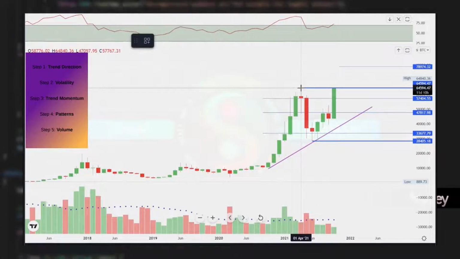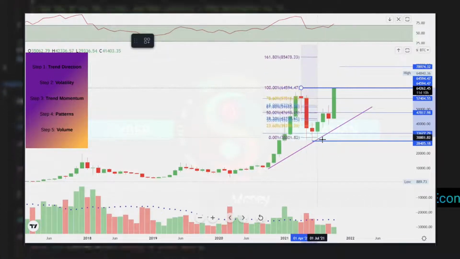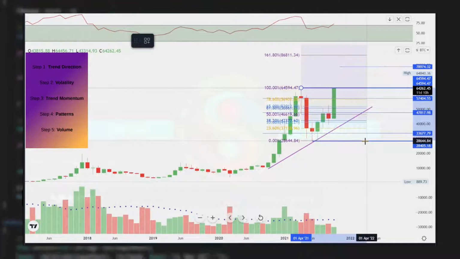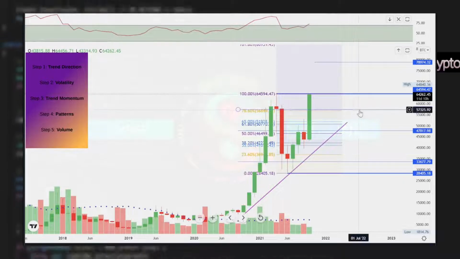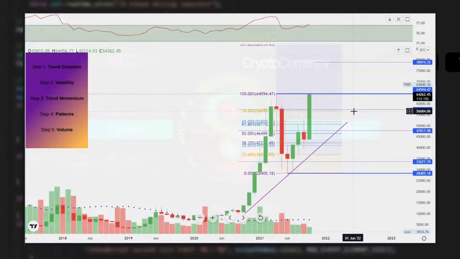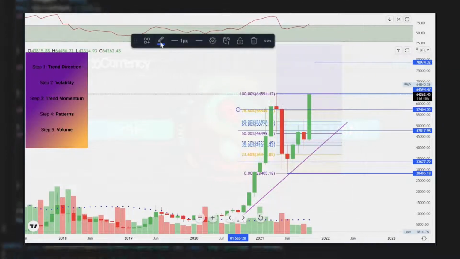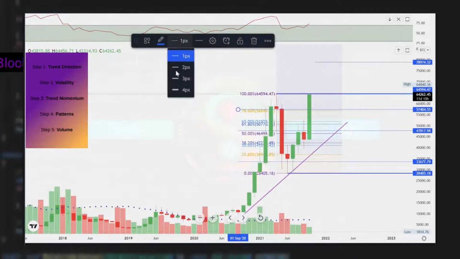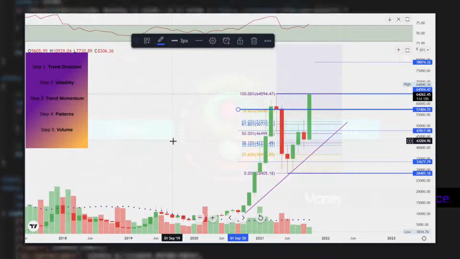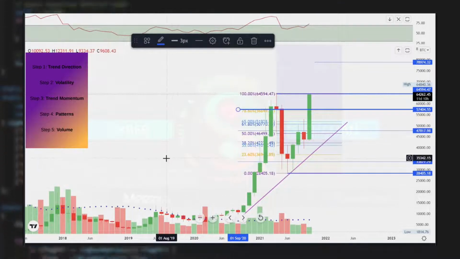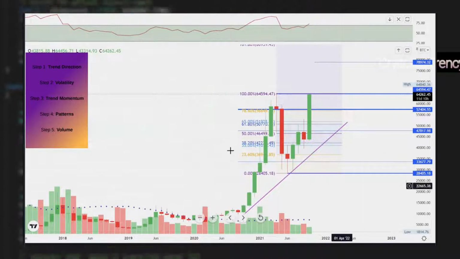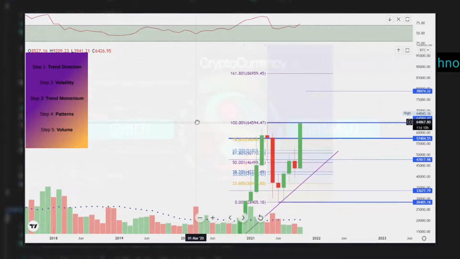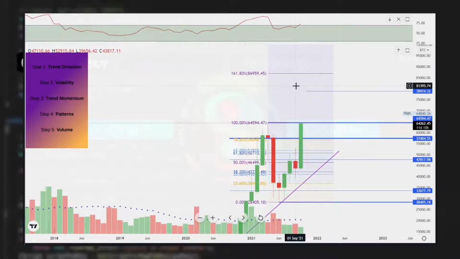Using the Fibonacci retracement, we can see price has respected the lines multiple times, and interestingly this level of 78% is in confluence with this level from volume profile, so we can give more weight to this level. Also now we have another price target which will be 161%, so we can set another target here.